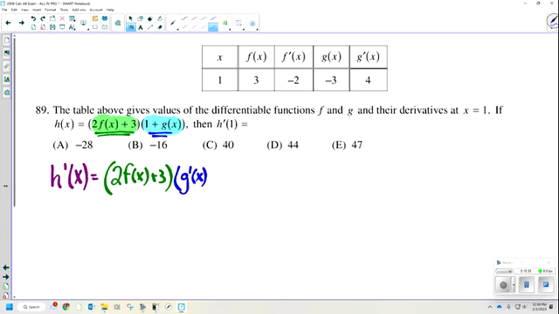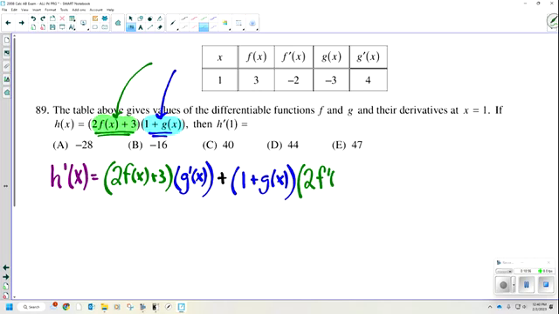That's it. First times derivative of the second, plus the second, just as it is, 1 plus g of x, times the derivative of the first. So that coefficient 2 will stay, and it's f prime of x, the derivative of f of x. And then that plus 3, the derivative of 3 goes to 0. All right, this is the derivative of h.